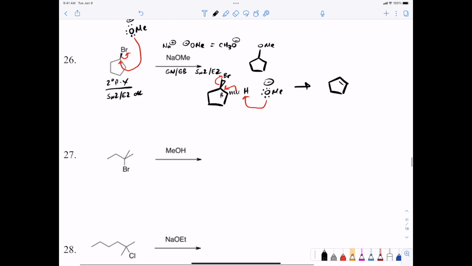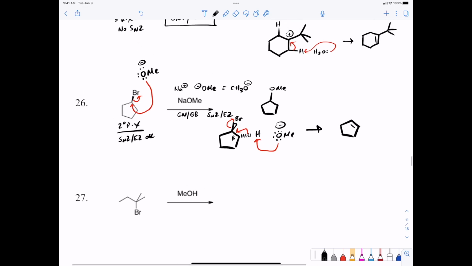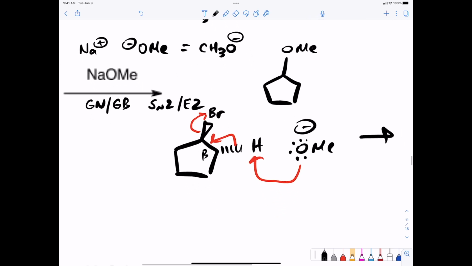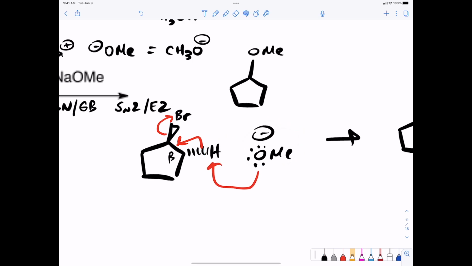Okay, yes? Are you suggesting that the conjugate acid of the O with the methyl on it is the CH3O? The conjugate acid of this nucleophile is methanol. Okay, that's fine.